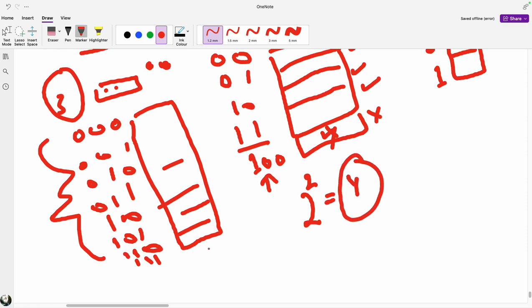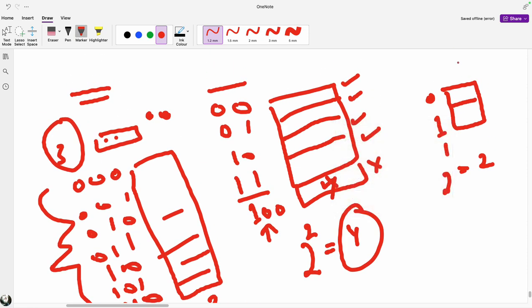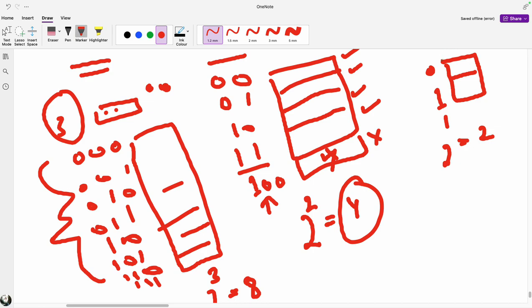If I have 3 bits, the maximum I can have is 2 raised power 3, that is 8 locations.